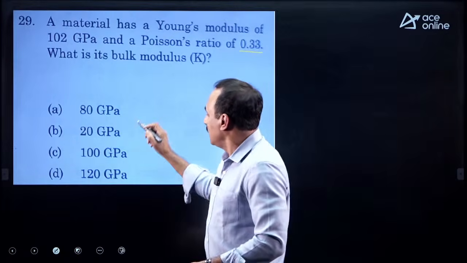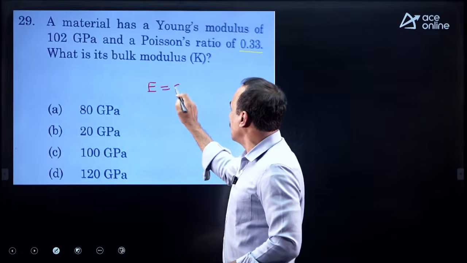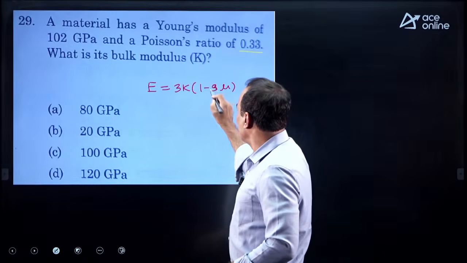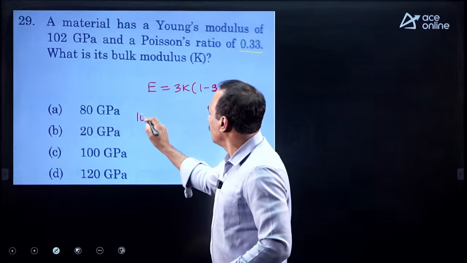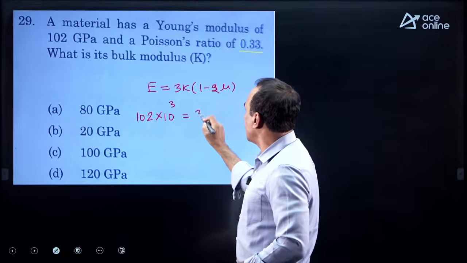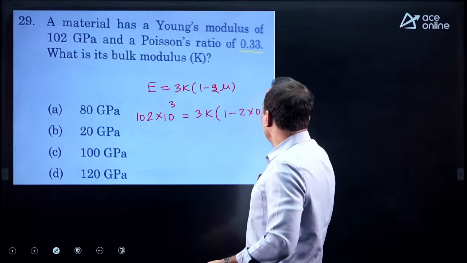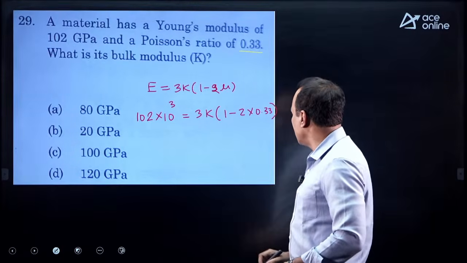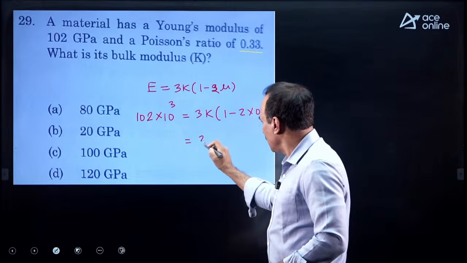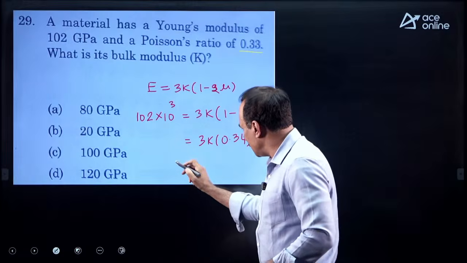Okay. Now, coming to the next question, the material has Young's modulus 102 gigapascal, Poisson's ratio 0.33, what is the bulk modulus? You know the relation between Young's modulus and bulk modulus with the help of Poisson's ratio: E = 3K (1 minus 2 mu). Substituting the values, 102 into 10 power 3 megapascal, 3K into (1 minus 2 into 0.33). 2 into 0.33 is 0.66, 1 minus 0.66 is nothing but 0.34, so 3K into 0.34 is equal to 102.